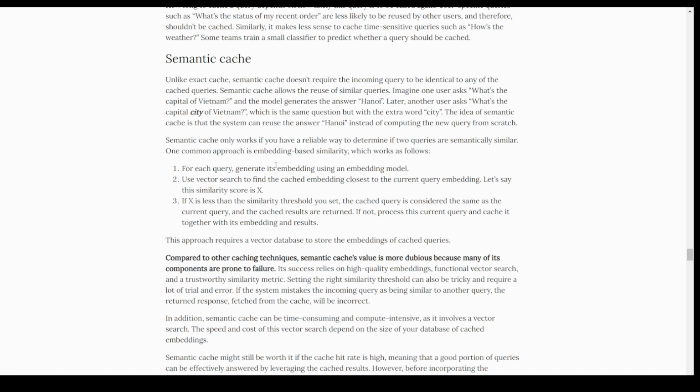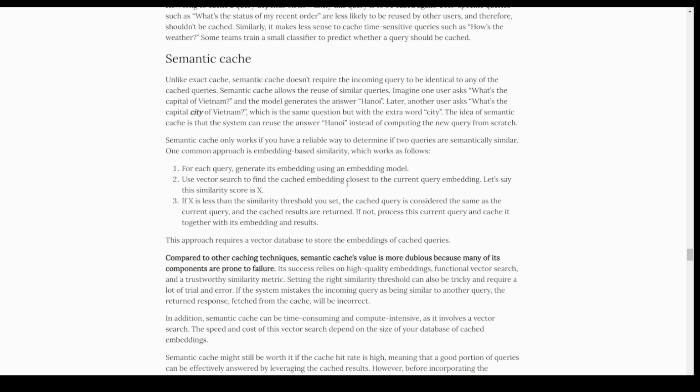For example, the common approach: for each query, generate its embedding using an embedding model, maybe OpenAI or FastEmbed. Then, using vector search, find the cache embedding closest to the current query.